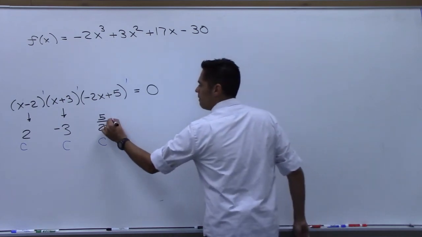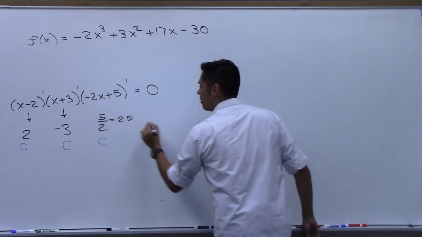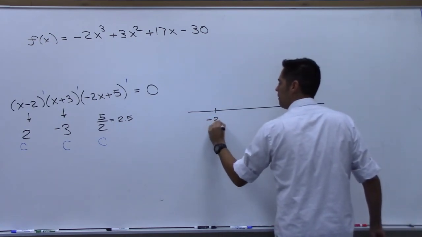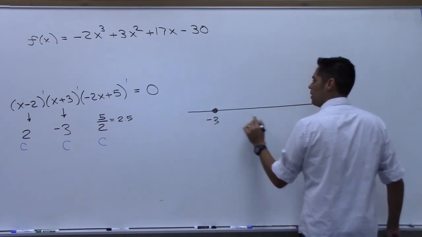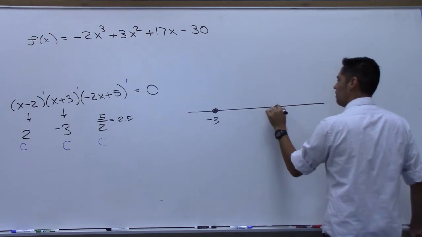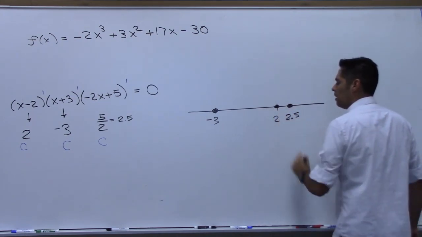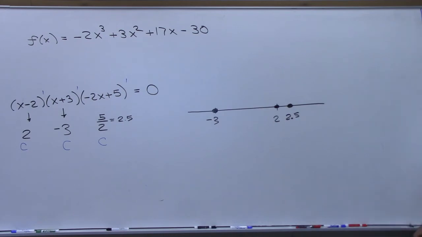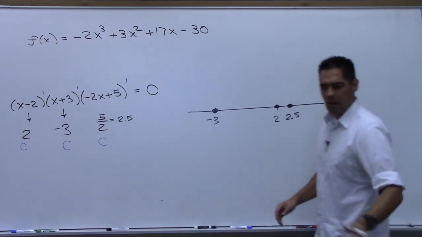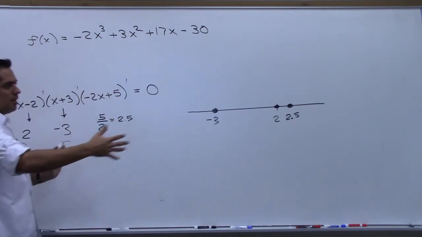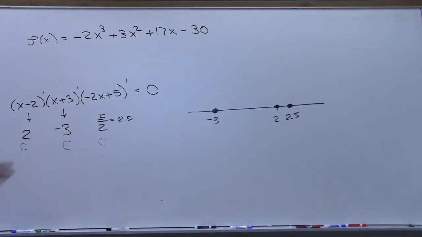So this is 2.5. So I'm going to go like this: -3, +2, 2.5. We don't need to be really, really accurate with this, right? We've already kind of given up on trying to figure out how high things go and low things go, so we don't need to be real precise with our x-axis either.